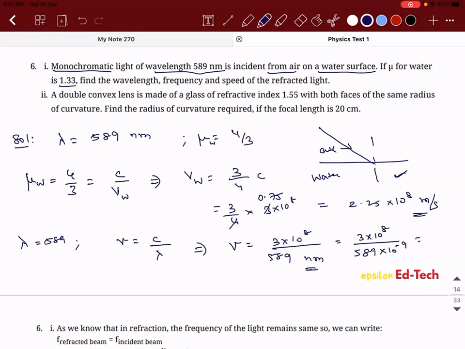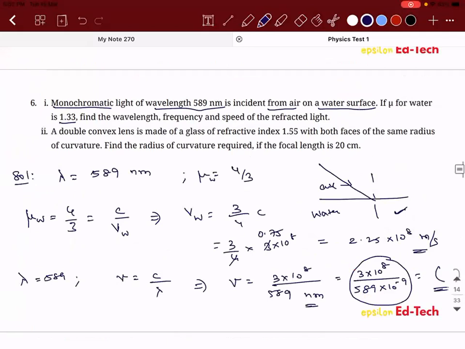So how much is the value going to be? Calculate that value.